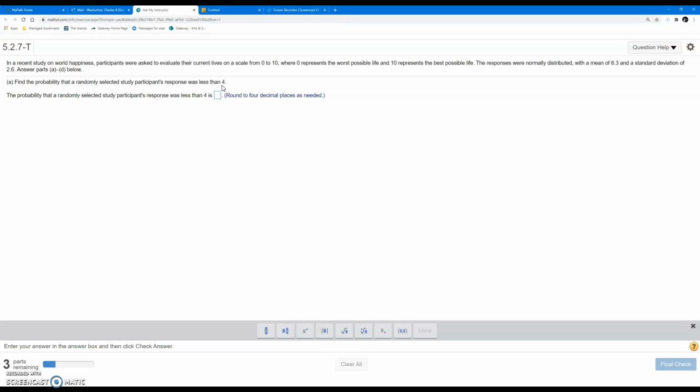Okay, so if we can convert these values over to the standard normal, we're going to convert our mean to a mean of 0, our standard deviation to a standard deviation of 1, and then we convert the individual value. The individual value in this case is the score of 4. We're going to convert that over to something called a z-score.